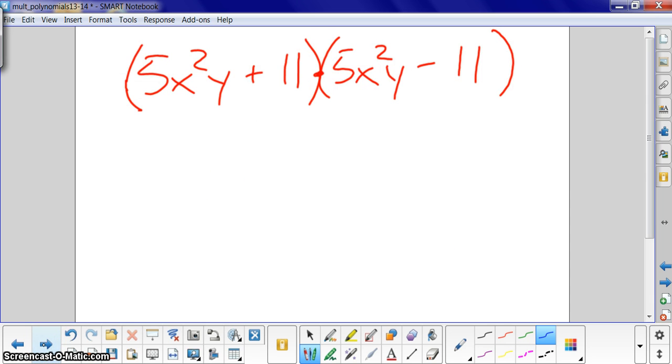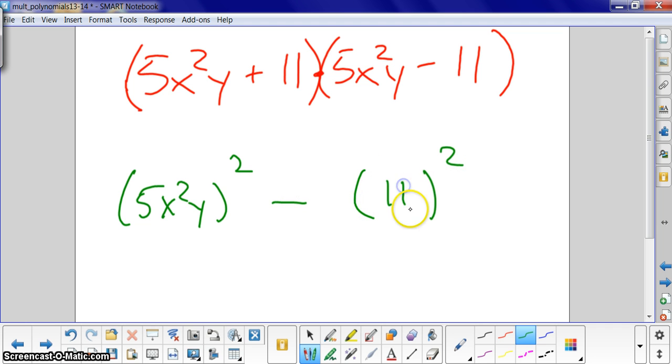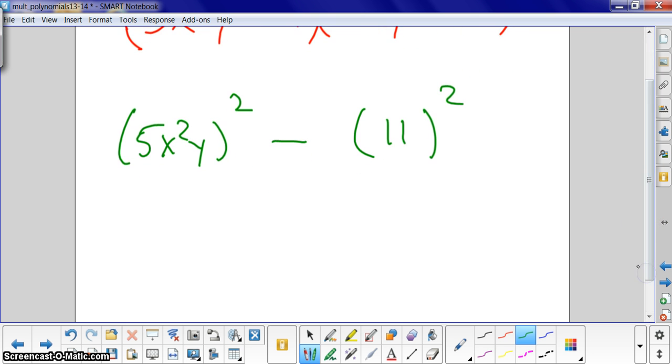So let's see if we can use that pattern on a really, really hard one it looks like we're starting out with. Okay, but if we use the pattern, it won't be that hard. So all I do is I take the first term and I'll square it. And then from that, I'll subtract the second term squared. And so this is what it looks like. And after a little cleaning up, we'll end up with the final answer, which will be the difference of two squares.